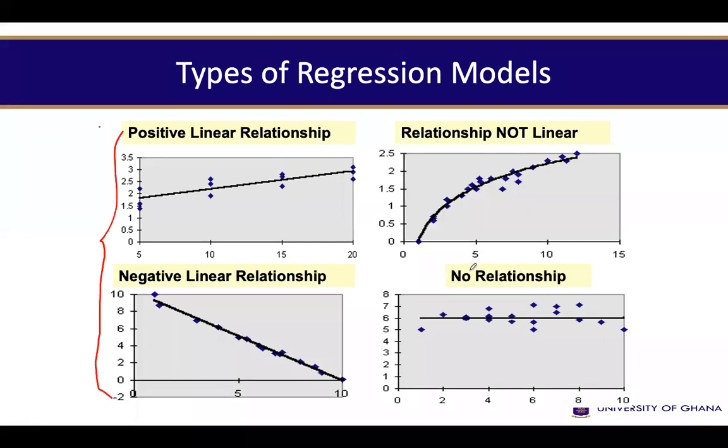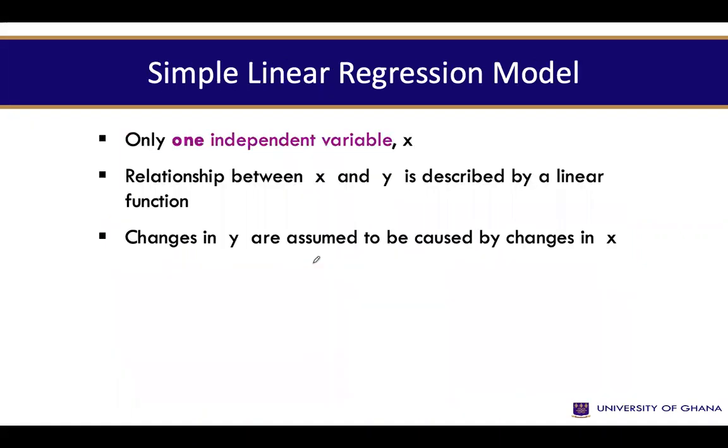But we can also have a non-linear kind of model. We are not going to worry ourselves with the non-linear models. Maybe when you grow up, you learn more about these later in life. But we would concern ourselves with these linear regression models and see how they are done.